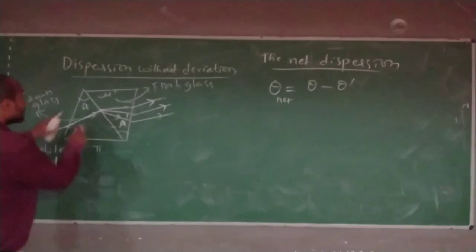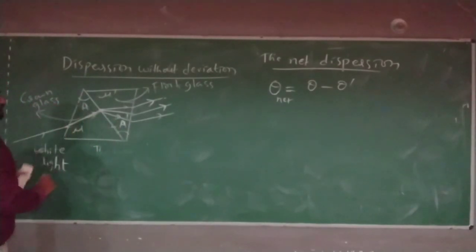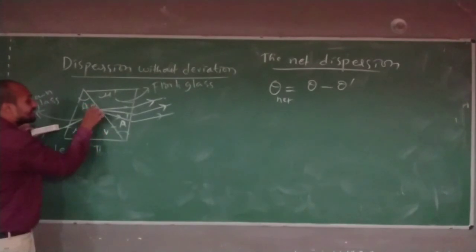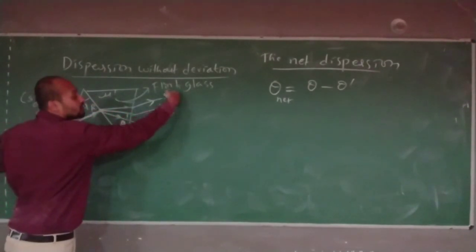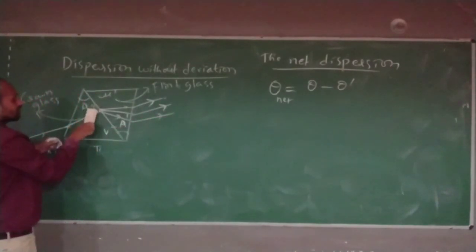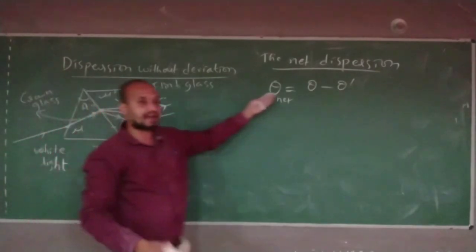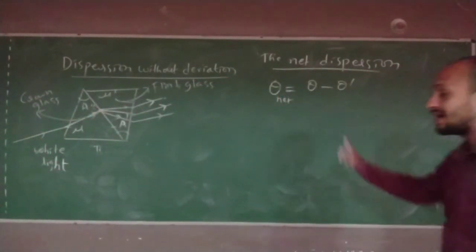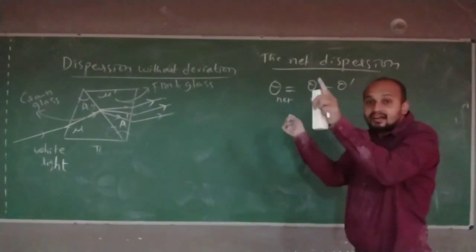Why is it so here? The angles of the prisms are kept opposite. If this prism produces violet light here and red light here, then after dispersion through the other prism, red light will be produced here and violet light here. Since they are in opposite directions, I am going to write theta minus theta dash. Otherwise, I could have added them to get the net dispersion.